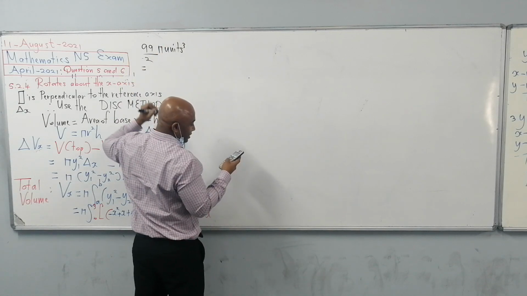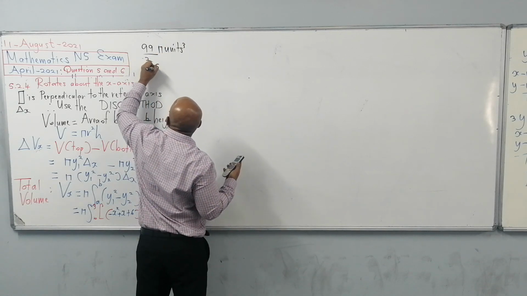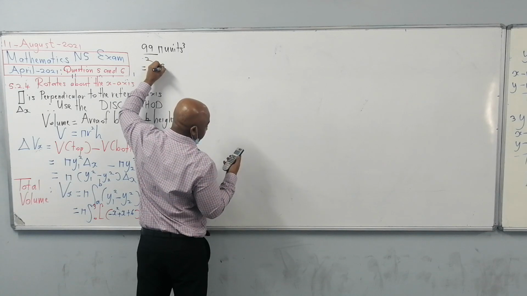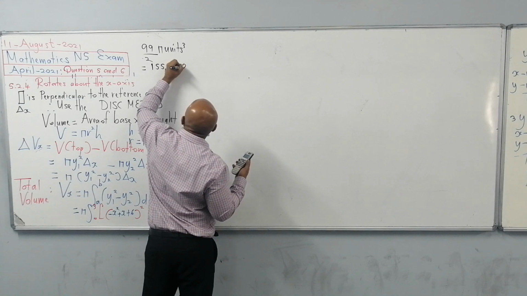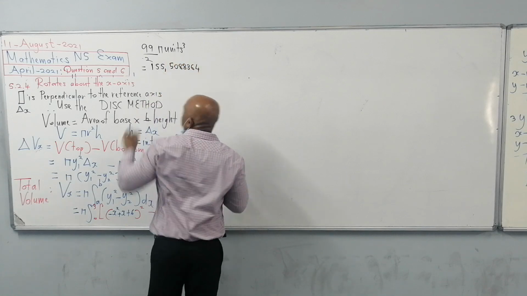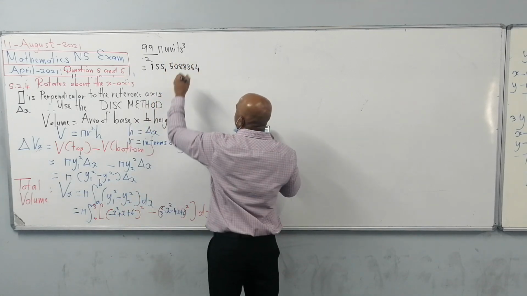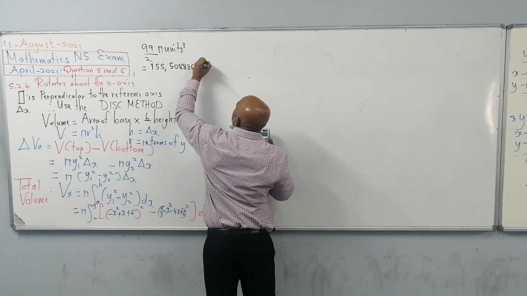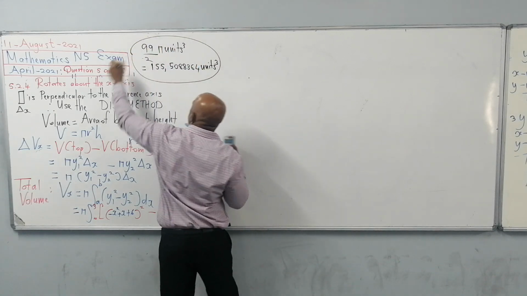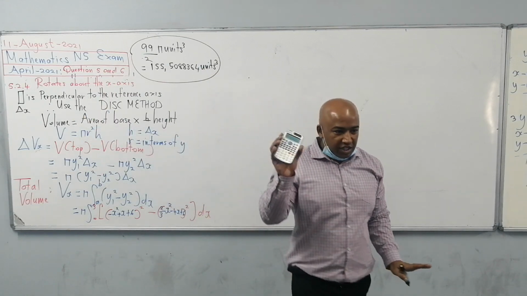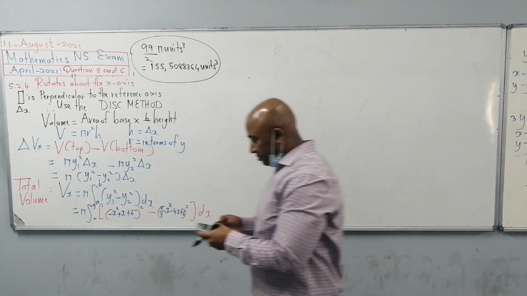If I just work this out, it becomes 155,508,8364. Units to the power 3. So this is our final answer without working out anything yet. I just checked it. Now let's see what's going to happen.